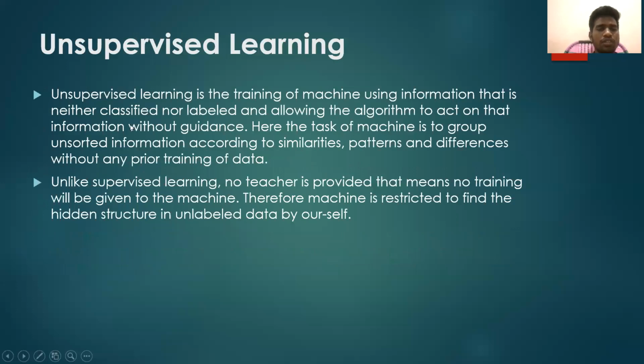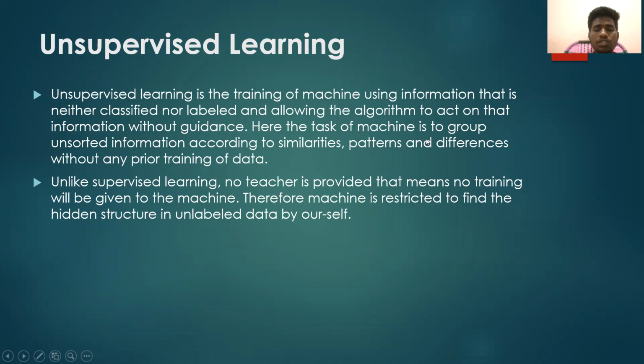What is unsupervised learning? Unsupervised learning is the training of a machine using information that is neither classified nor labeled. In supervised learning, the data is labeled and allotted to a specific attribute. In this case there are no labels, so we have to allot the labels to specific attributes, allowing the algorithm to act on that information without guidance.